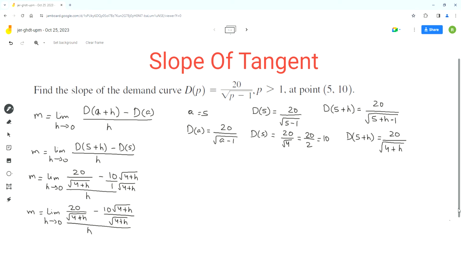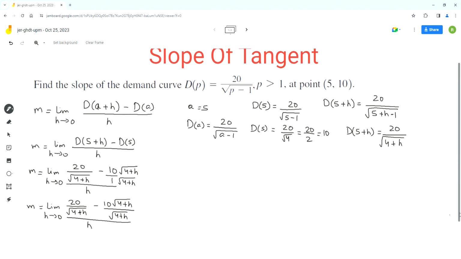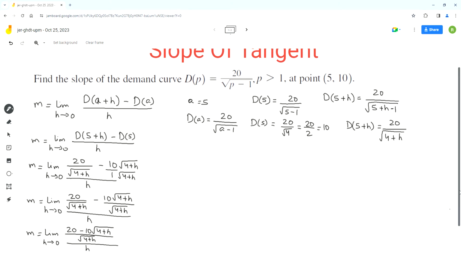Now we have a common denominator, so we can combine the fractions in the numerator. So we get m equals limit h approaches 0, so 20 minus 10 square root of 4 plus h over square root of 4 plus h, the common denominator, over h. So this is the expression.